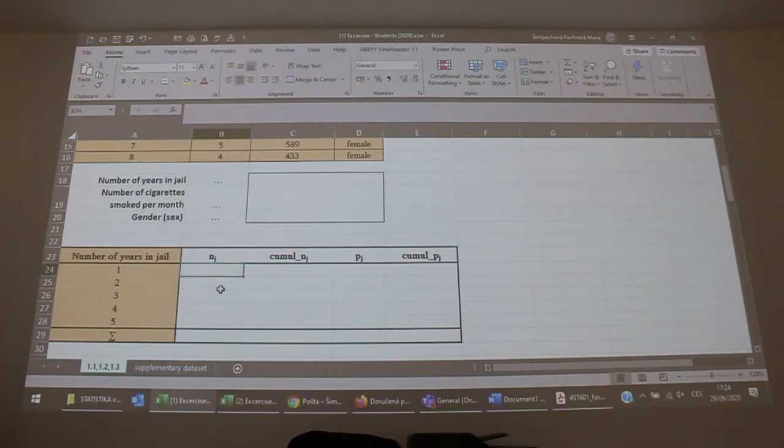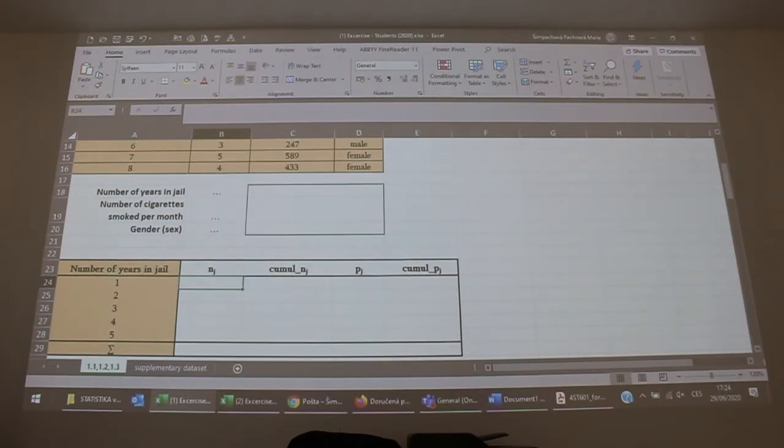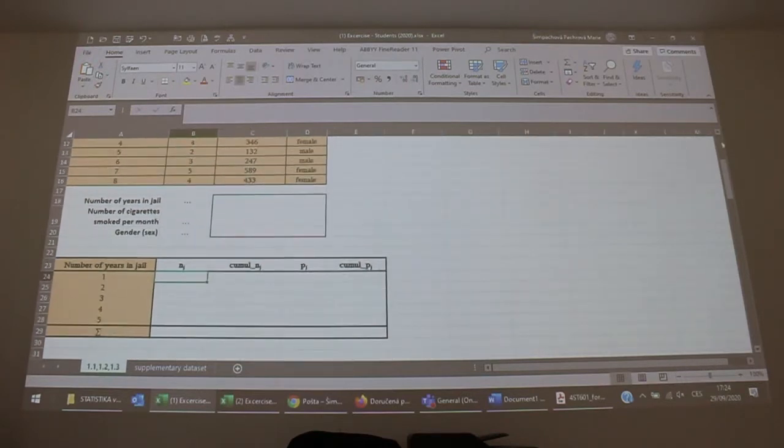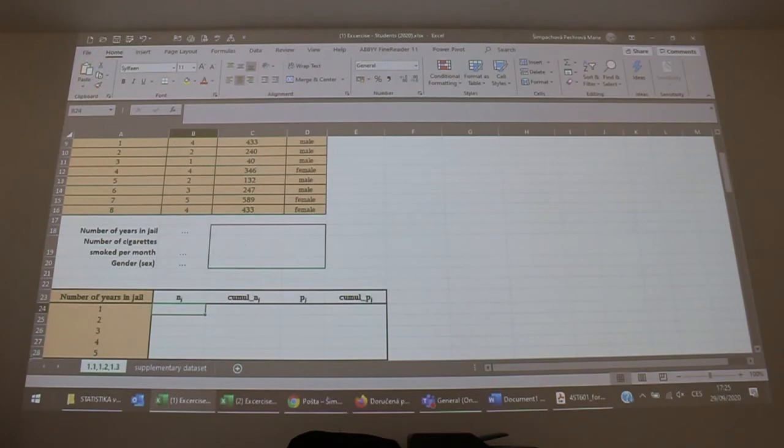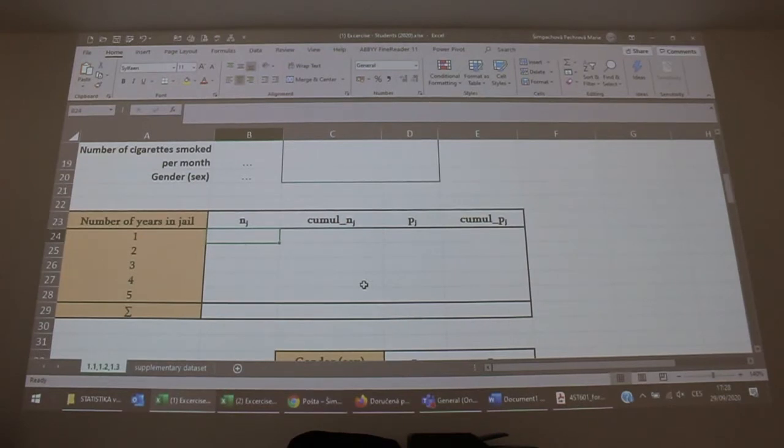Absolute frequency Nj means how many times we can observe values 1, 2, 3, 4 and 5 years here. So we will write here absolute frequencies Nj.